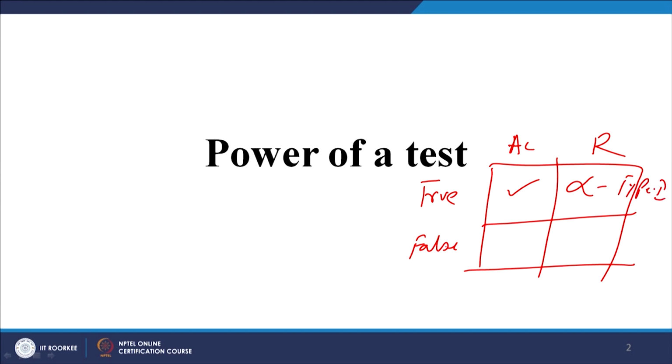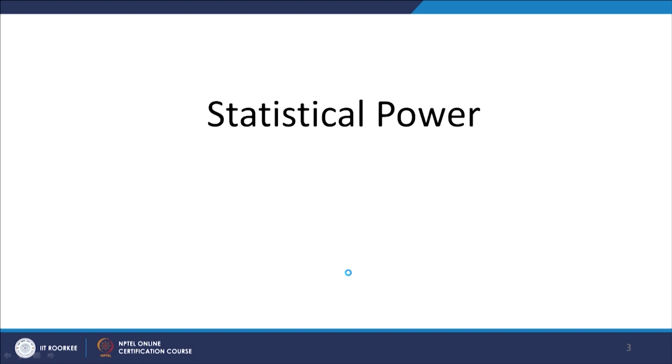Similarly, when it was false but accepted, it was again a mistake, and we said this mistake is called beta, or type 2 error. And this was again correct. Since beta is the type 2 error, we said 1 minus beta is what is called the power of a test.